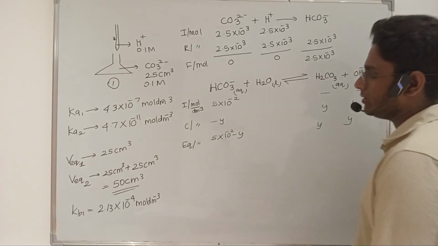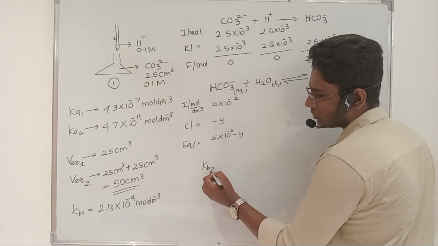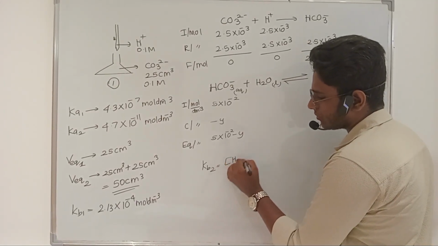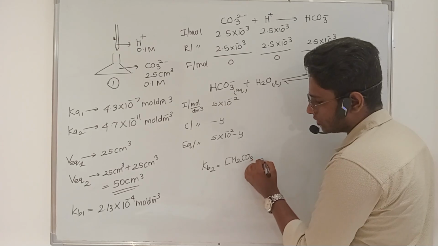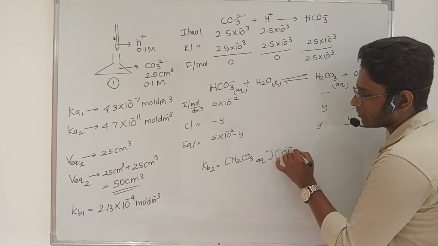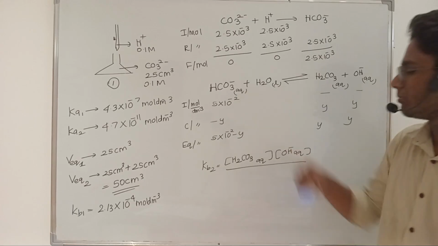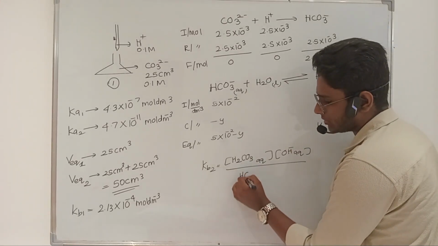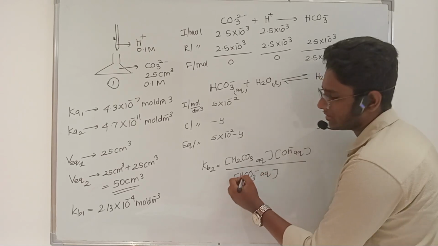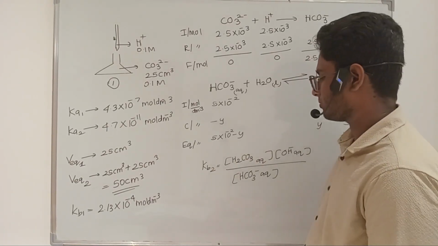So Kb2 is equal to the concentration of H2CO3 aqueous times the concentration of OH minus, over the concentration of bicarbonate, HCO3 minus. What is not included? Pure liquids are not included. So you have to find Kb2 first of all.